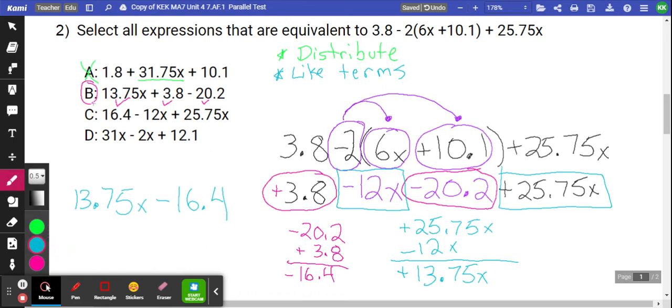And I can check part C. I look at my constant term here and I see that it is 16.4 and it is almost correct. But this is a positive 16.4 and our expression is a negative 16.4. So C cannot be correct.